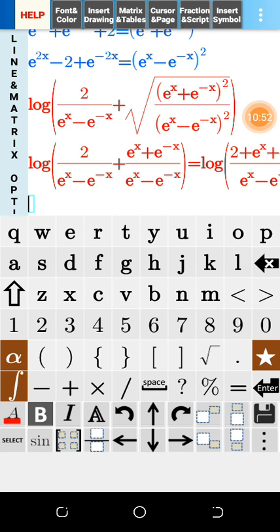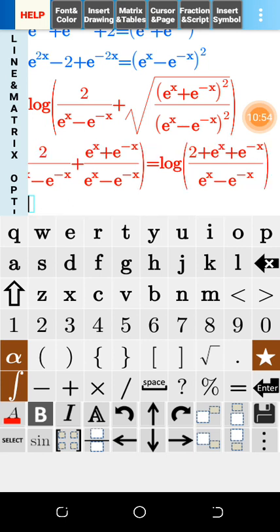Now integrating the above expression. So we want to integrate this now.